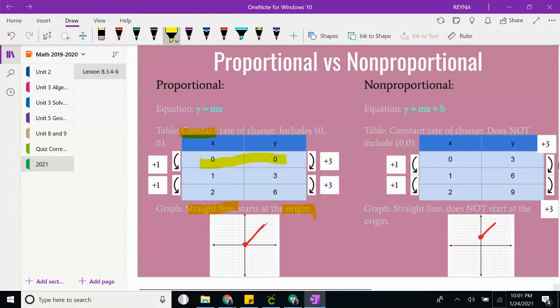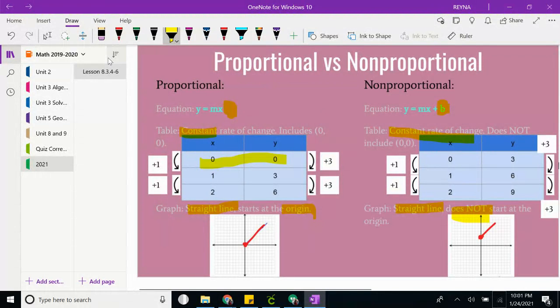Non-proportional means it is not constant, and it does not go through 0, 0. So does not go through the origin, not constant, and there's a number at the end of the equation. If it's proportional, it's not going to be adding anything because it just goes through 0.